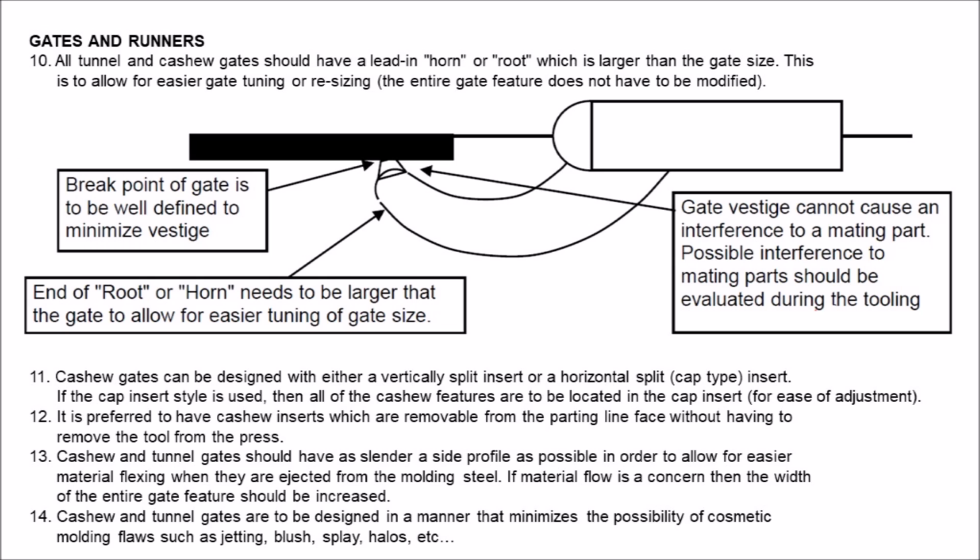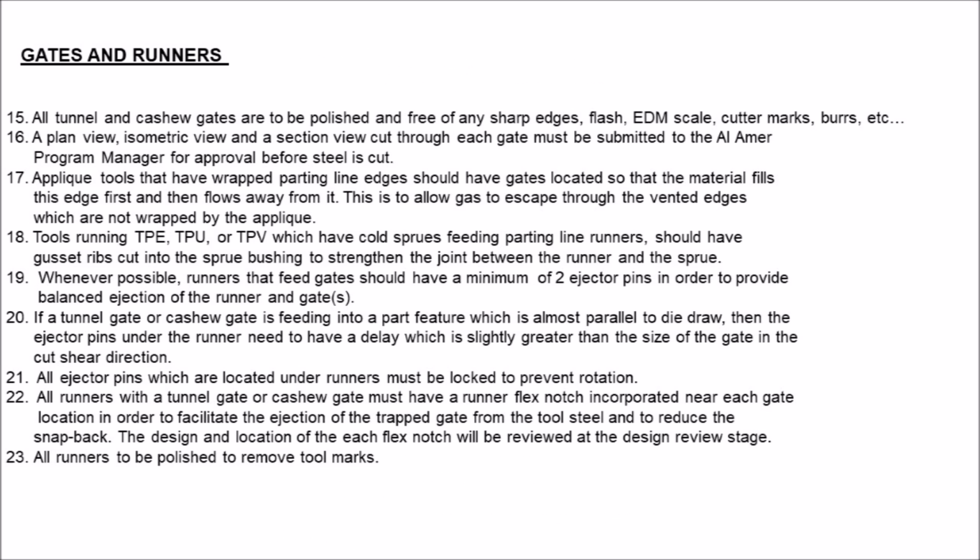14. Cashew and tunnel gates are to be designed in a manner that minimizes the possibility of cosmetic molding flaws such as jetting, blush, splay, halos, etc. 15. All tunnel and cashew gates are to be polished and free of any sharp edges, flash, EDM scale, cutter marks, burrs, etc. 16.